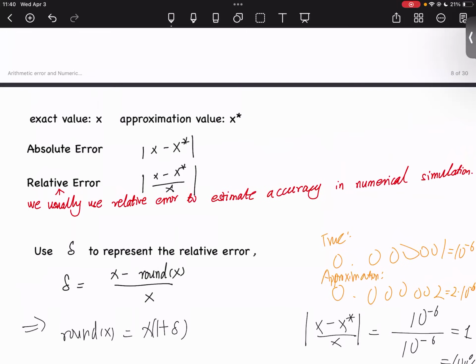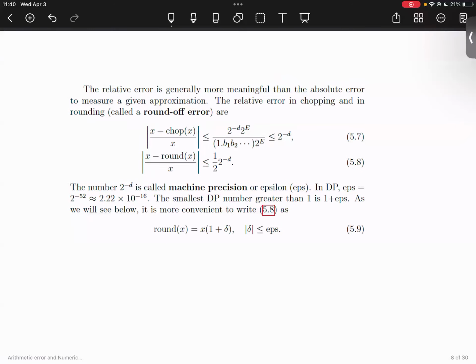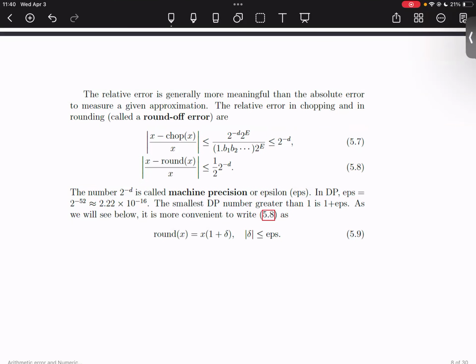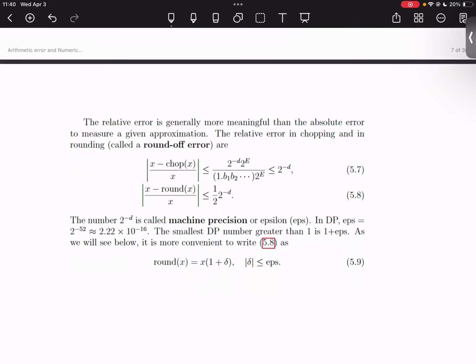And let's go back to take a look at this page. So if you take a look at the chopping of the x, you will find out that this is just a binary representation for the number, right? If you do the chopping, it looks like this: 1 point b1, b2, b3, and then b_d plus 1, and then b_d.